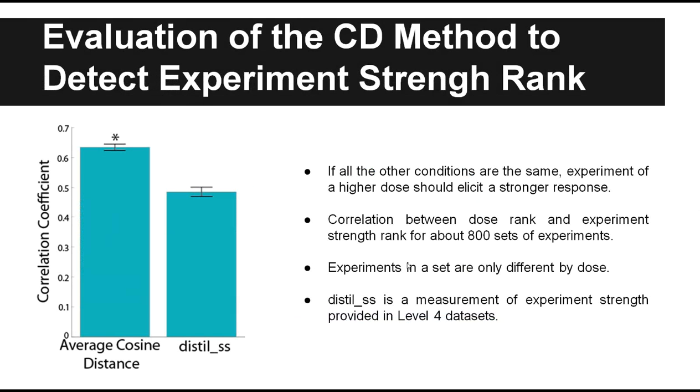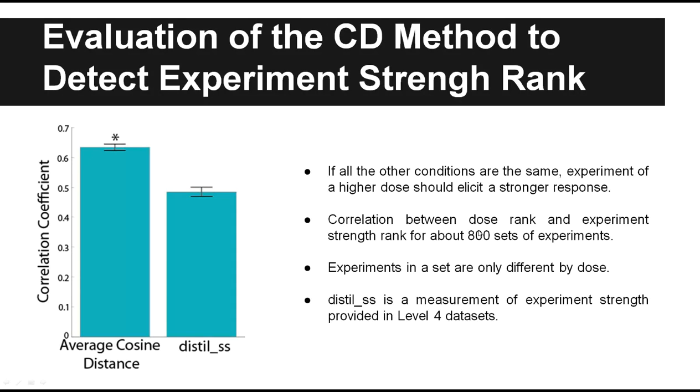We did a benchmark of this average cosine distance in comparison with TAS, which is the quantity that the Broad uses to represent the strength of an experiment. It's basically the top average Z-score of an experiment. The assumption in this benchmark is that if all the other conditions are the same, the experiment with a higher dose should elicit a stronger response.